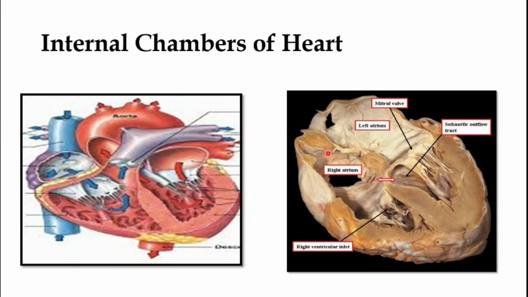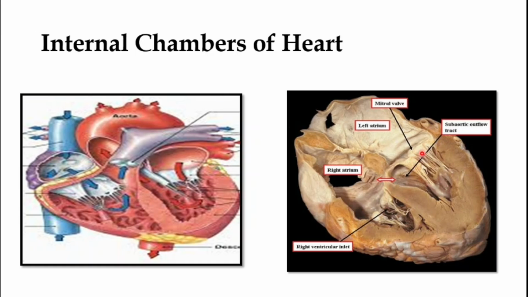So this is the right side of the heart and this is the left side of the heart. So this is the right atrium, this is the right ventricle, and this one is the left atrium, and this is the left ventricle.